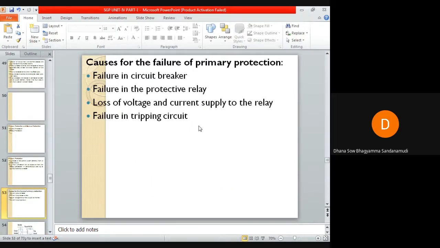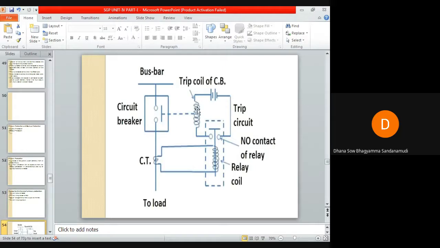Failure in the circuit breaker means the breaker cannot operate due to jammed contacts. As soon as a fault occurs and the trip coil is energized, the moving contact should move away from the fixed contacts. If the fixed and moving contacts have jammed, then the moving contact cannot move away.